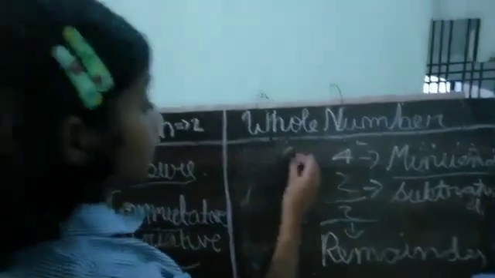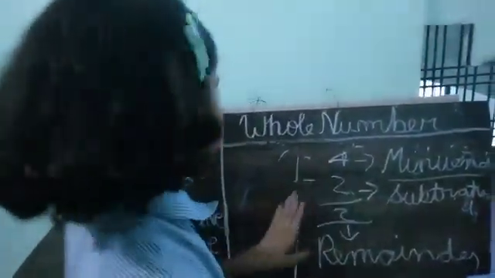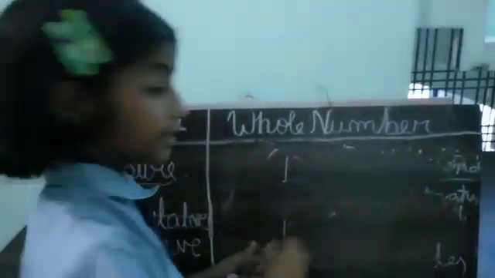These are the 3 main parts of subtraction. This is the sign of subtraction.